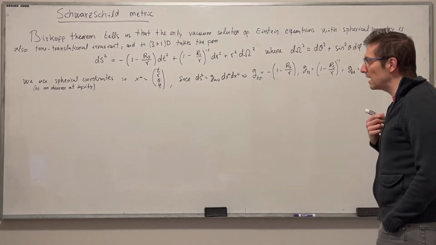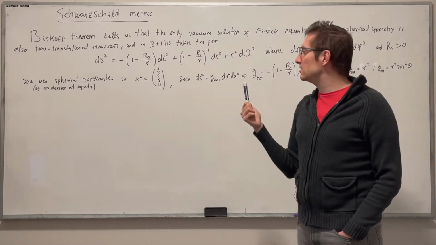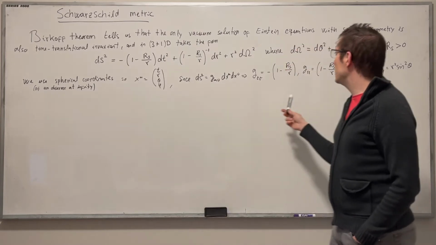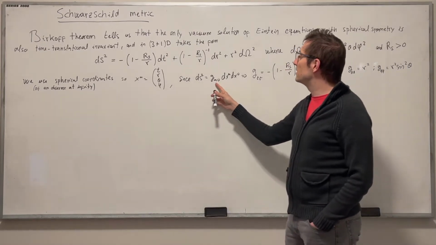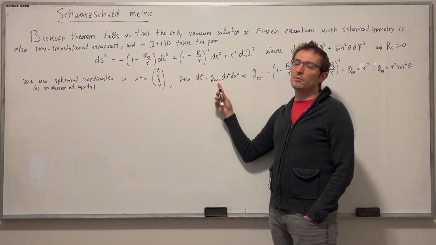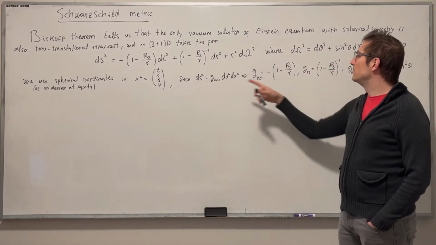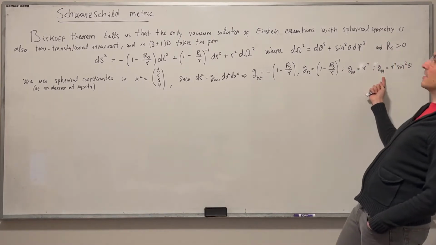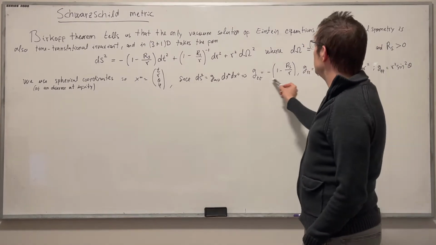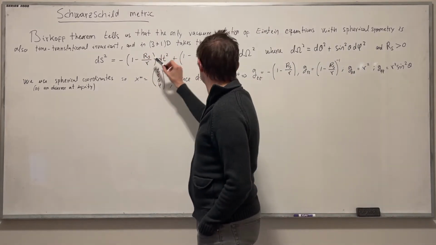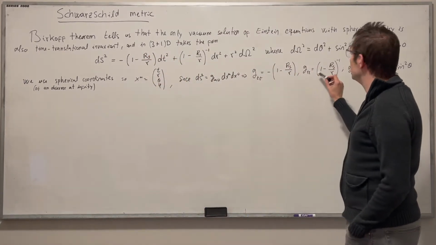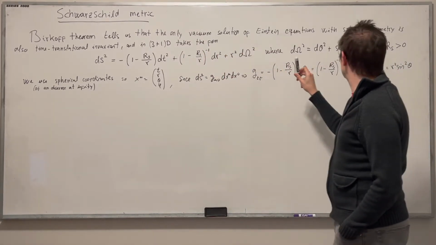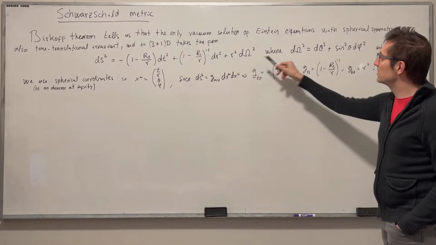Now, the coefficients of the metric are easy to determine. Since the line element can be written in terms of the coefficients of the metric, I know that g_tt, with mu equals 0 being the t component, mu equals 1 being r, mu equals 2 being theta, mu equals 3 being phi, is what multiplies dt squared. g_rr is what multiplies dr squared. g theta theta is what multiplies d theta squared, which is r squared.